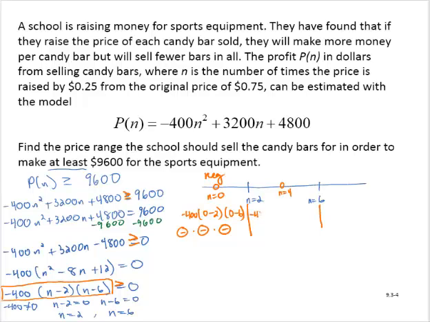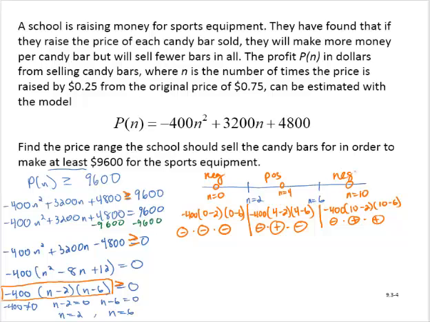I'd have negative 400 by 4 minus 2 by 4 minus 6, which is a negative times a positive times a negative. And that result is positive. And finally, testing a number greater than 6, how about n equals 10? I would have negative 400 by 10 minus 2 by 10 minus 6, negative times a positive, which is a negative.